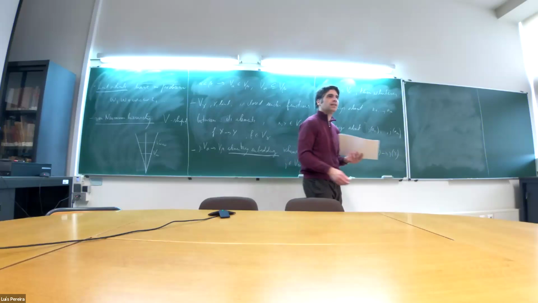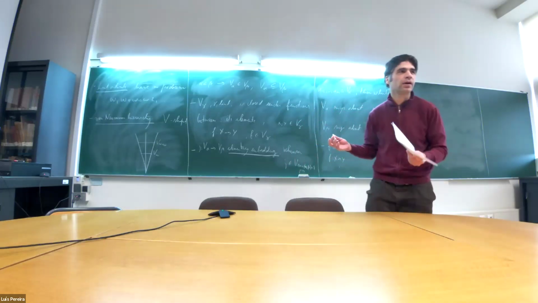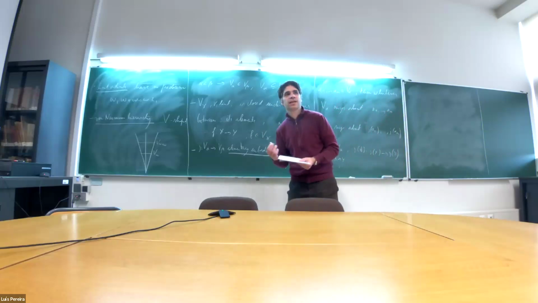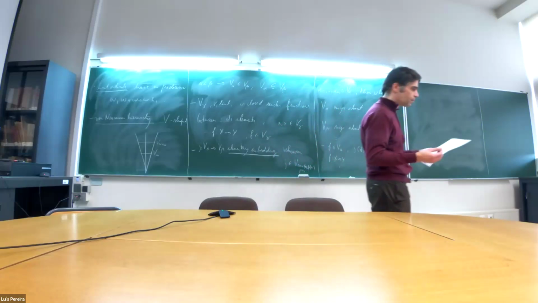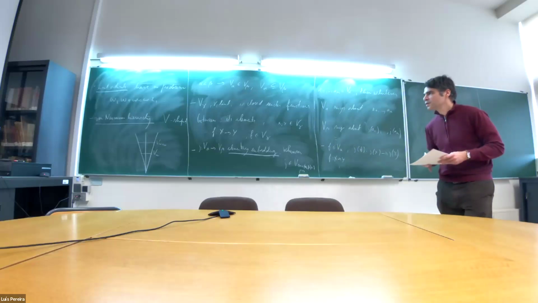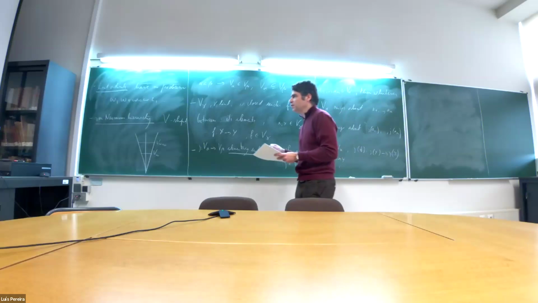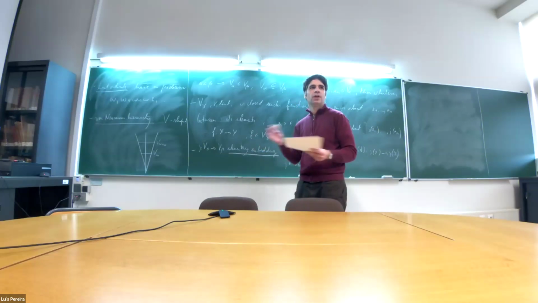V alpha thinks there's no inaccessible cardinal, and V beta says there is one. But for all of regular math, it's the same.